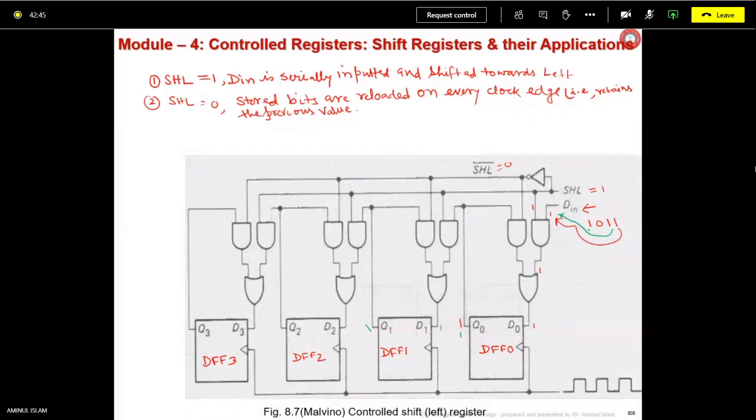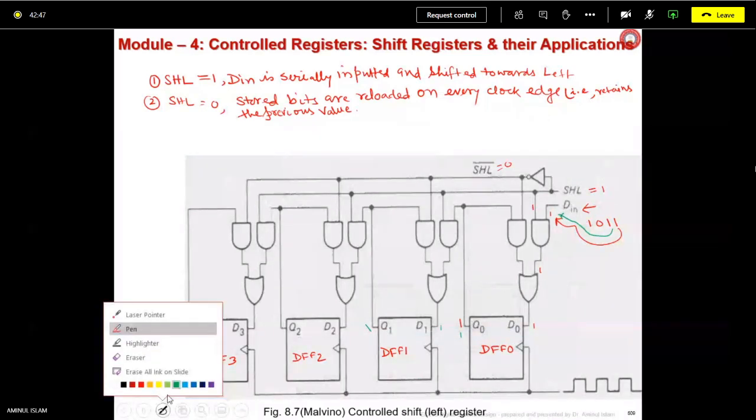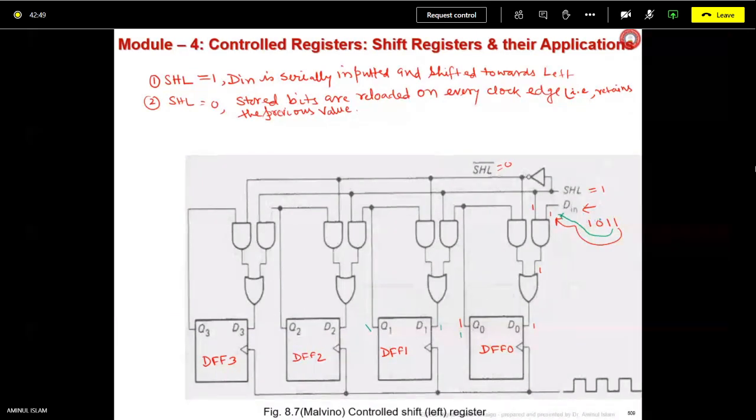Next time the input coming is 0, this one getting applied here. So 0 is coming here, and the clock is arriving. So here it will be 0, and here it is 1, so it will be 1. Here it is 1, so it will be 1. So 3 bits have been stored, shifting to the left one by one.